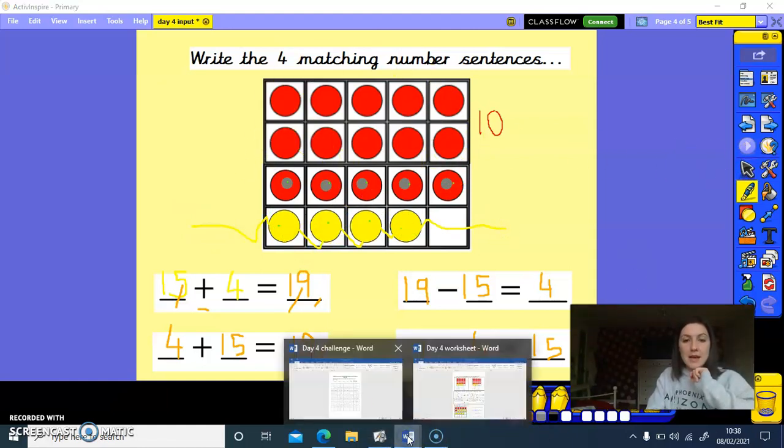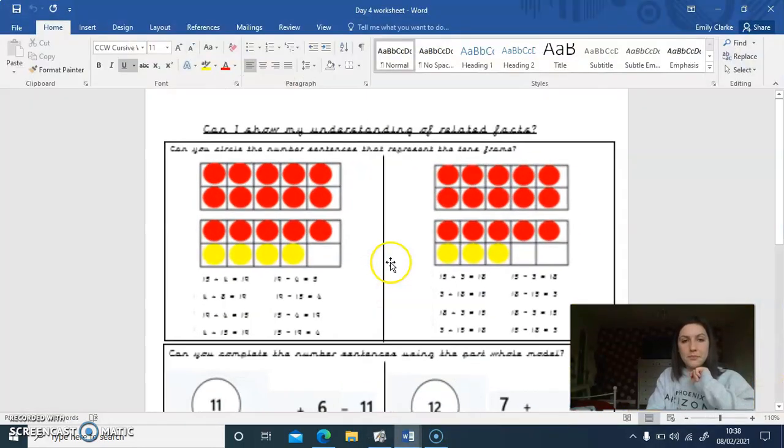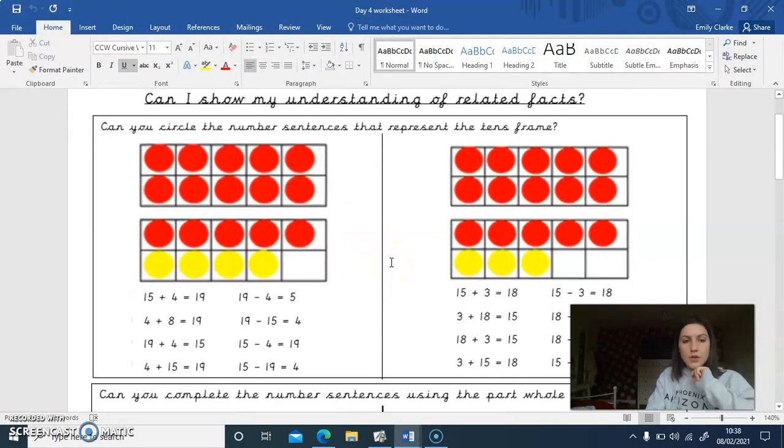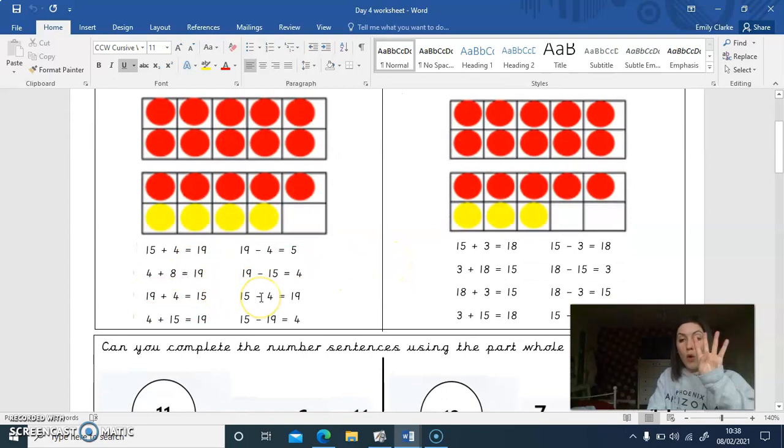So that is exactly what you are doing today. Starting here, and you've got to circle the 4 number sentences that are correct. 2 for addition, 2 for subtraction. Count your red, count your yellows. Make sure for addition, the biggest numbers at the end. For subtraction, the biggest numbers at the start.